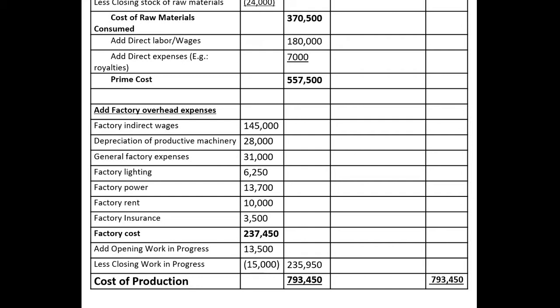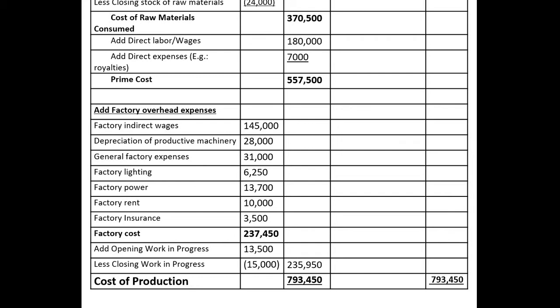We were also given the initial cost of productive machinery at 280,000. To get depreciation, we shall take 10 over 100 multiply by 280,000. We get our depreciation at 28,000. Our general factory expenses amount to 31,000.